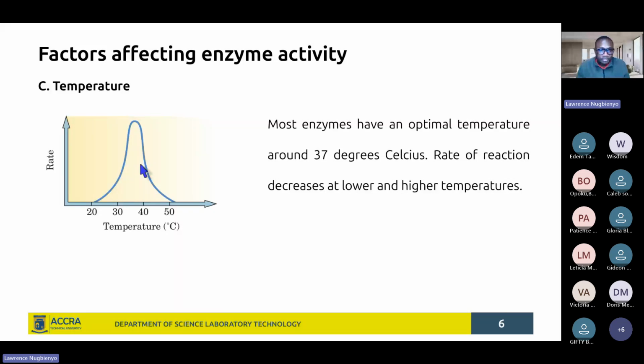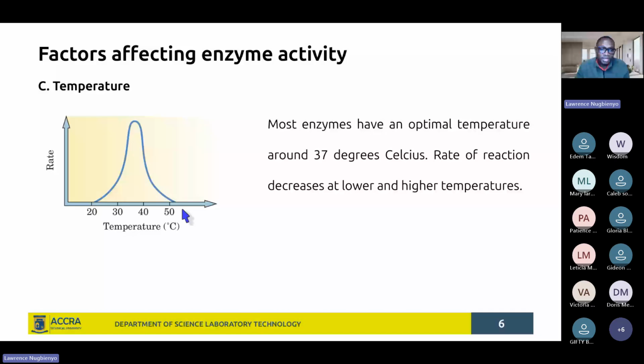And you observe that when the temperature increases above that 37 degrees Celsius, the rate of the chemical reaction reduces, which means the enzyme activity reduces. Of course, we have said from the beginning that enzymes are mostly proteins. And so that should give you an understanding that if you increase temperature above a certain level, it is going to result in denaturing of the proteins.